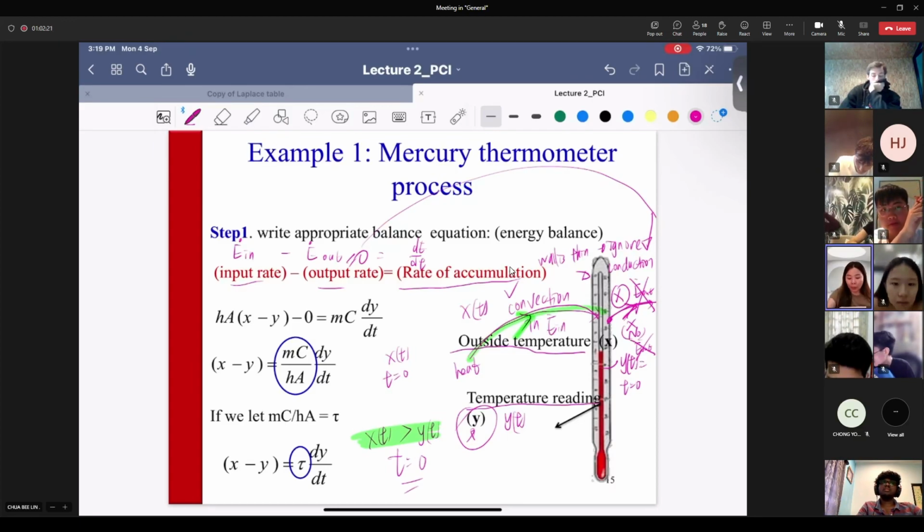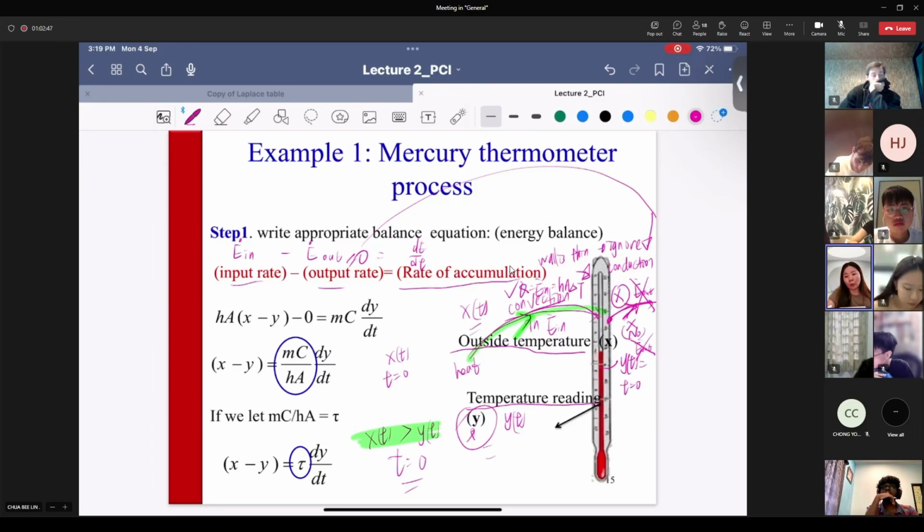And we have the assumption of thin wall. So therefore, you only need to consider convection, where for the convection equation, Q dot, or I put as the E dot in, uses the equation hA delta T. So this delta T is the temperature difference between x and y.